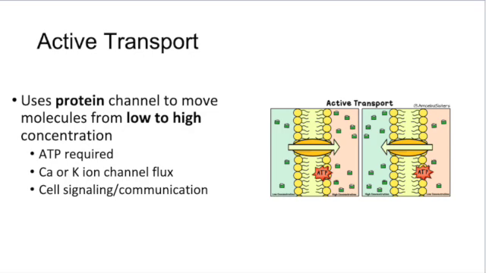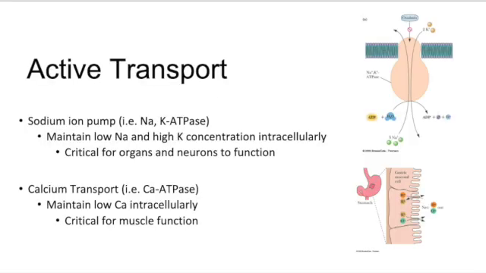So again, here's an example. Sodium and potassium ion channel flux. They're very important for our organs and neurons to function, so that we're able to stimulate our brain and communicate with one another in our brain. And there's also something called calcium ion channel flux. This one controls and helps with muscle function, allowing you guys to move using ATP and so forth, right? So active transport plays a big role.